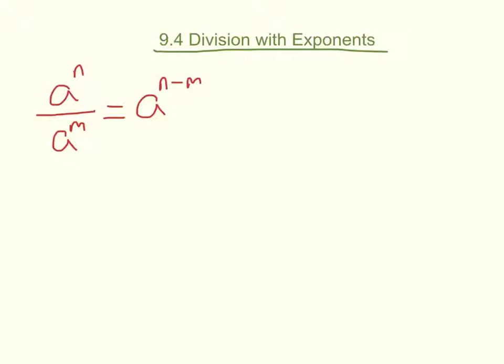So let's try that with another term. Let's try y to the fourth over y to the third. Following our new rule, since they're the same base, I take the base of y, and I take the top exponent minus the bottom, which simplifies to 1.